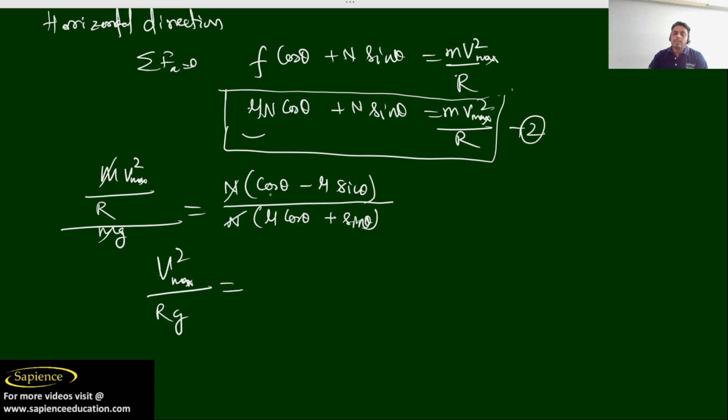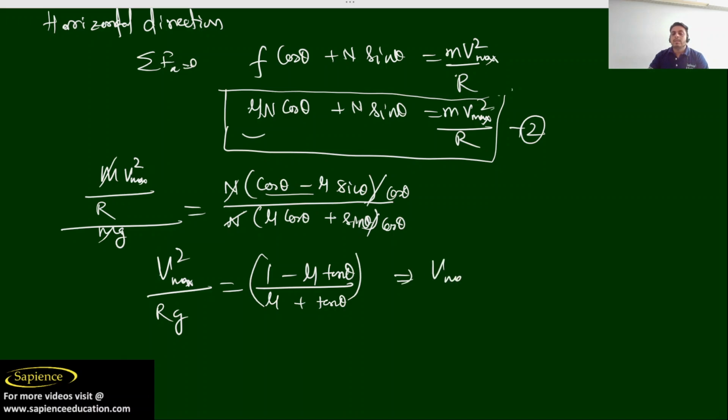okay, one thing more we need to do is divide it by cos theta, both up and down. So divide this equation by cos theta. So what will we get? 1 minus mu tan theta by mu plus tan theta. Okay, so basically we will get v maximum square is equal to r g into 1 minus mu tan theta divided by mu plus tan theta.